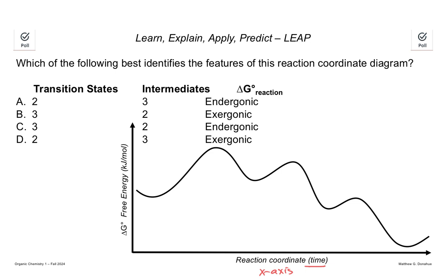The y-axis is the free energy, so that's the delta G. And then if we're reading left to right, your starting material would be there, and then your product would be to the very right. And so now we're concerned with everything in between. So how many transition states, how many intermediates, and then overall, what is the delta G for the reaction?